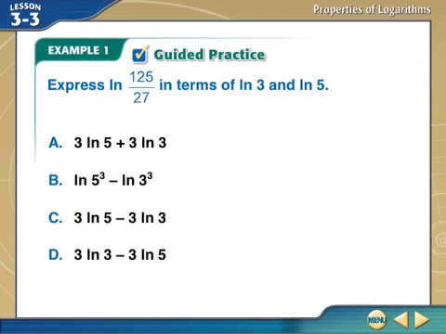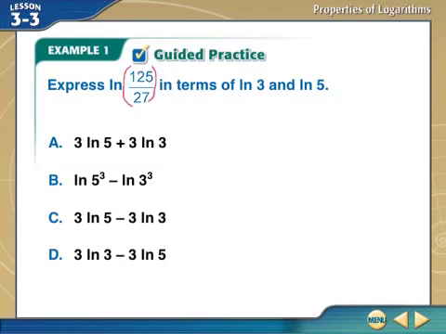In example 1 guided practice, we're asked to express the natural log of 125 divided by 27 in terms of natural log of 3 and natural log of 5. One thing I should remind you of is that the properties of logarithms, the product property, the quotient property, and the power property are true of logs and of natural logarithms as well.